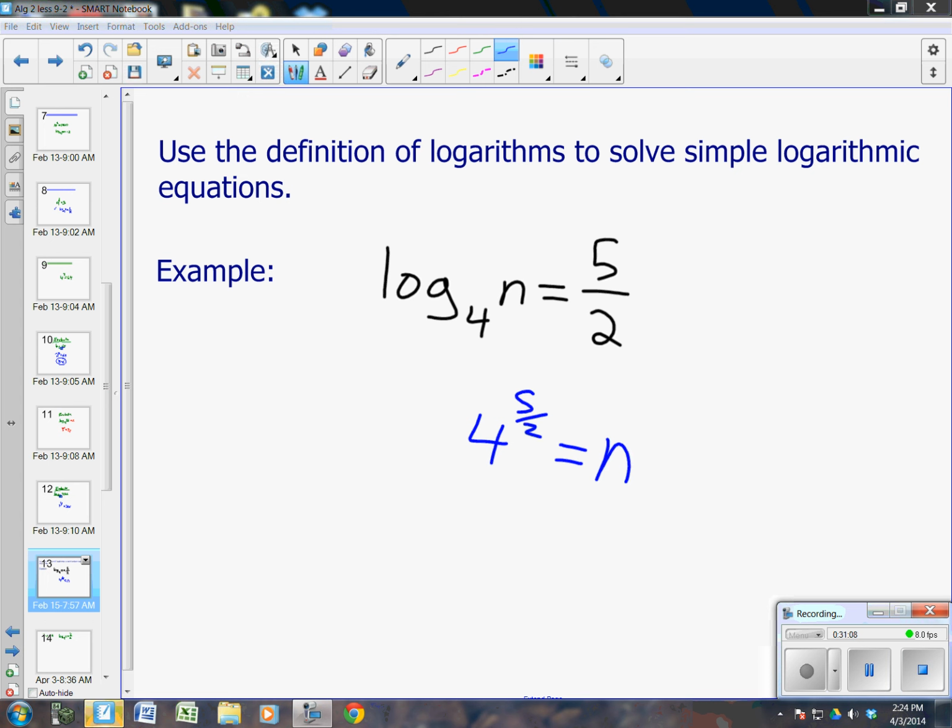Now, I know that most of you probably at this point put 4 to the 5/2, or 4 to the 2.5, into your calculator, which is fine. But I need you to learn a little technique, because this will help you in solving some others later on. We can rewrite 4 as 2 squared, right?